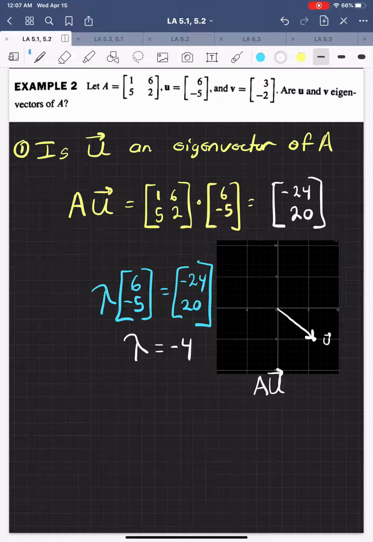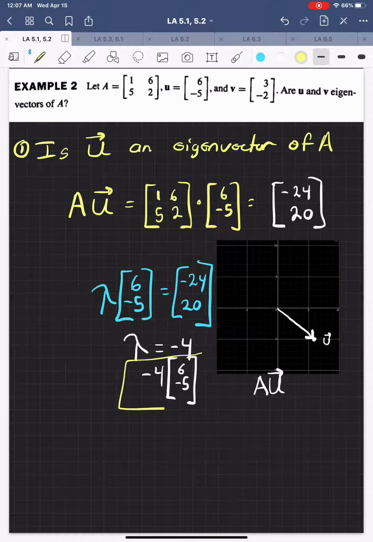So in other words, because you can write Au as negative 4u, because you can do this, then yes, it is an eigenvector of A.